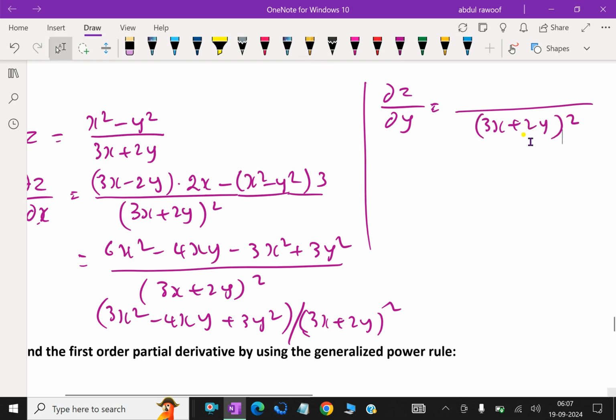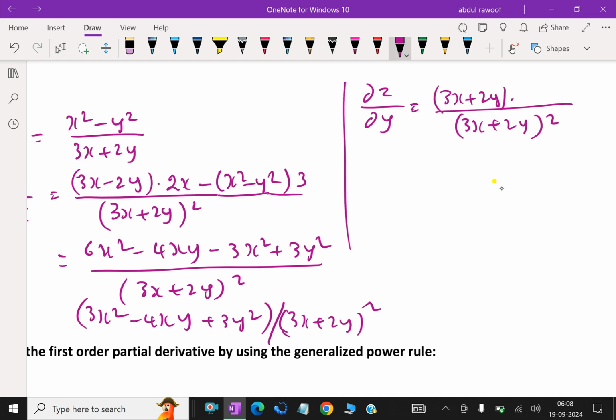Next, derivative of 3x plus 2y with respect to y is, that is first this function 3x plus 2y, that is denominator, into derivative of the numerator.